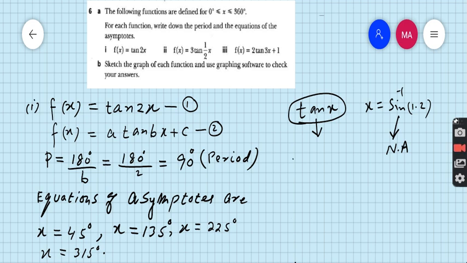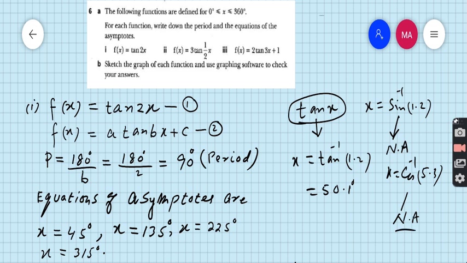But if you find x equals tan inverse 1.2, the answer will not be not admissible, the answer is 50.1 degrees. Similarly, if you find x equals cos inverse 5.3, the answer should be not admissible, because the maximum value of cos is 1 and 5.3 is greater than 1.